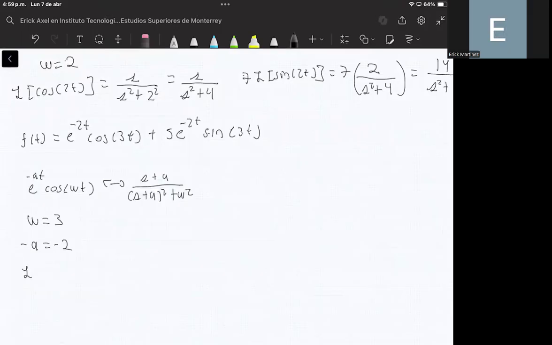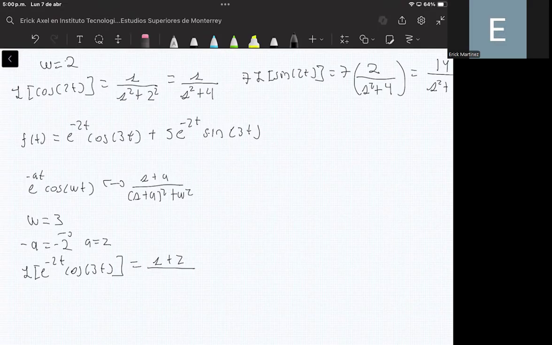So the Laplace transform of e elevated to the minus 2 times t times the cosine of 3 times t is equal to, based on the relationship that we have here, s plus a, but in this case a is equal to 2.